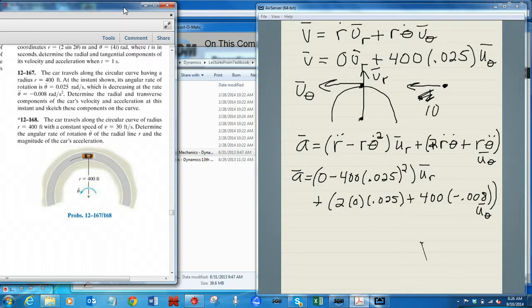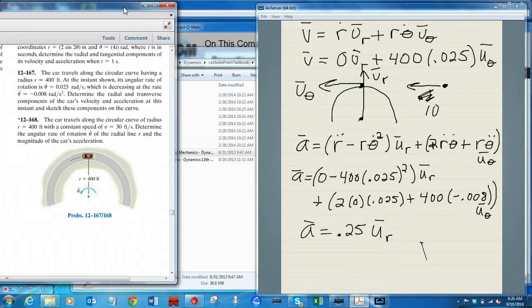It's 10 times 0.025, so 0.25. Then 0.25 times 0.025. That'll be the U R component, 0.25. It says theta double dot.